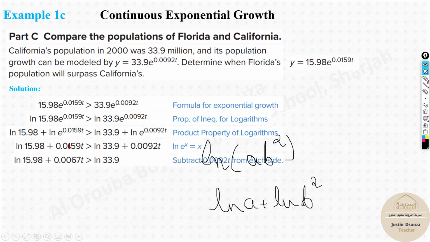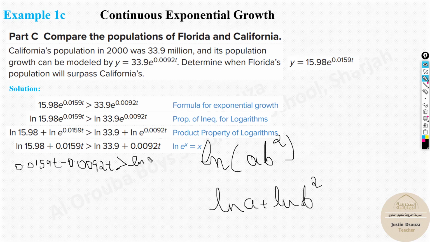Okay, over here what happened? Okay, they have directly done it over here, but let me just show you. So what you do is 0.0159t minus 0.0092t is greater than natural logarithm 33.9, and this goes to the other side, will be minus ln 15.98. Now we remove the t common.